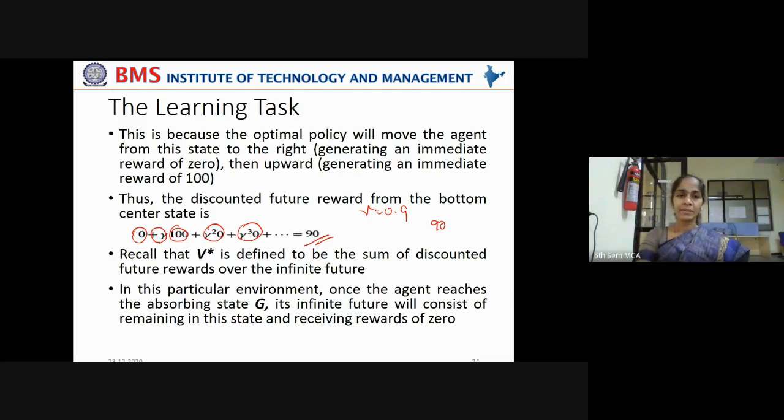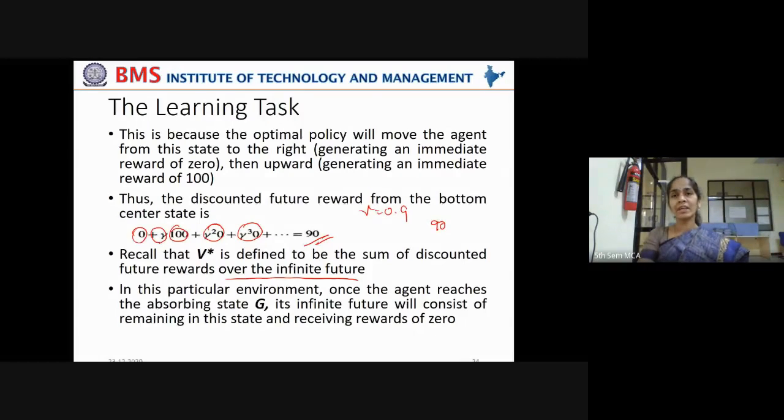Now recall that V star is defined to be the sum of discounted future rewards over the infinite future. Why are we calling it infinite future? It can learn endlessly from the current states in which all directions it can move. And once it reaches the goal state, it is infinite.